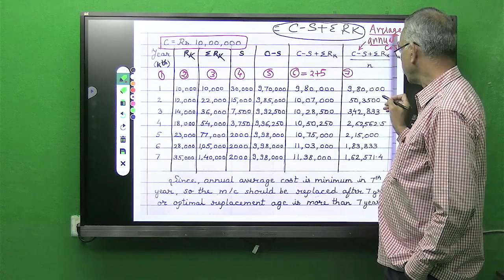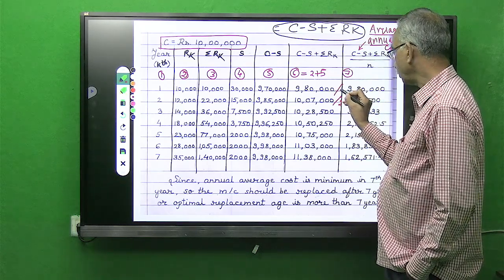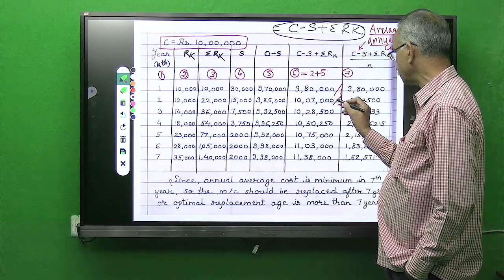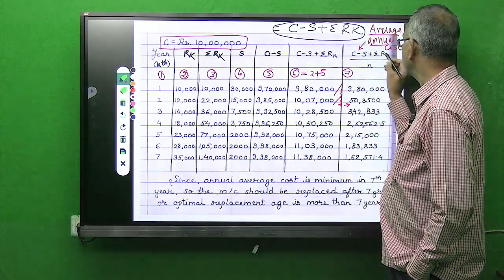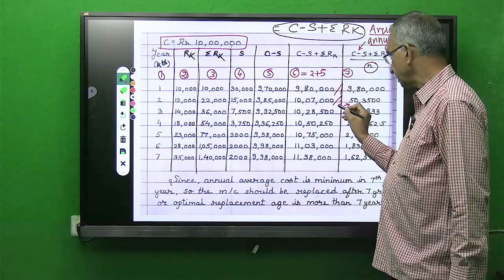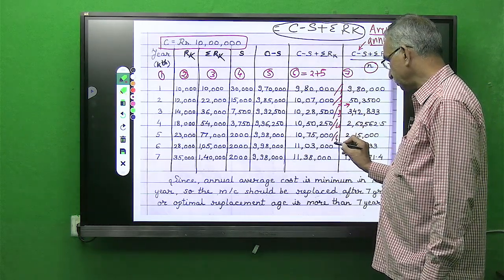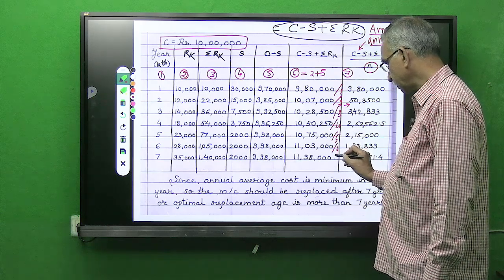So if you divide this by 2, you get this value, and therefore it is written as divided by n. Here it is divided by 3, here by 4, here by 5, 6, 7.